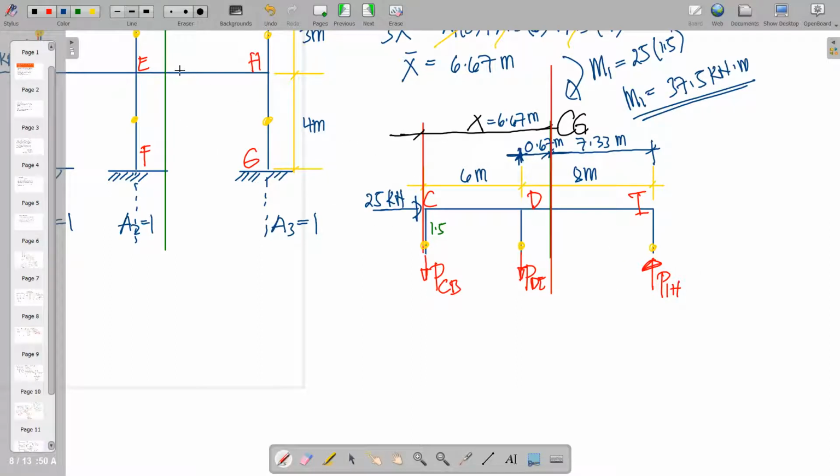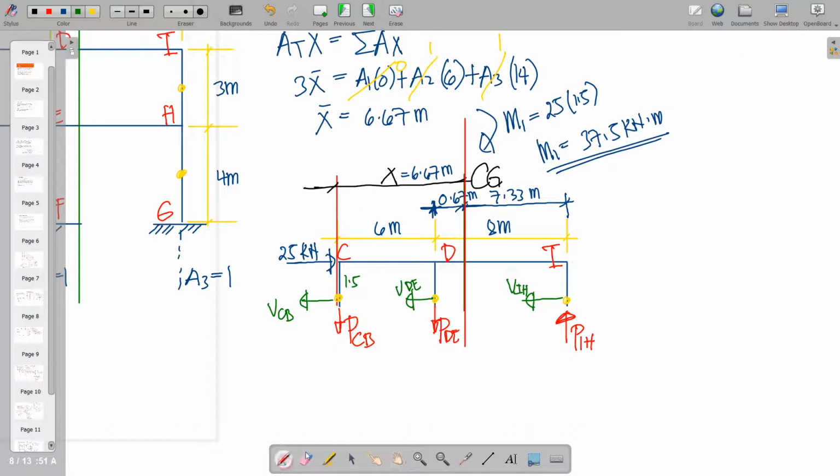Let us also indicate our shears: VCB, VDE, and VIH. Okay, so we now get the values of those axial loads.